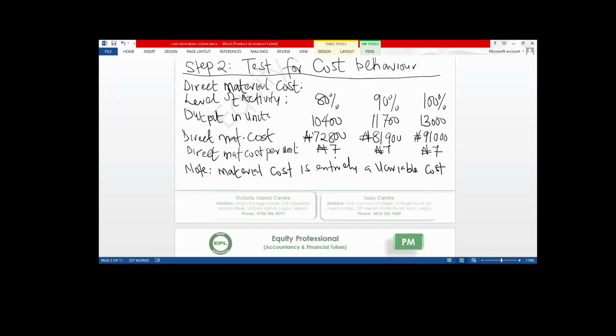As I do more, total variable cost will increase, but the variable cost per unit will be the same. Is that clear? Thank you for that question, because it could create confusion.